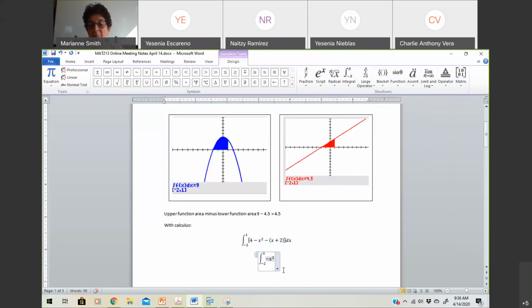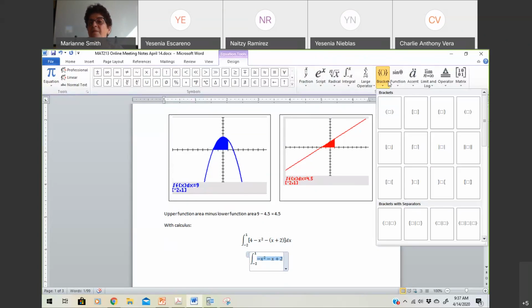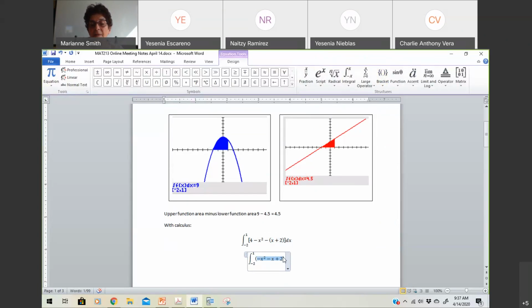This x will be negative, and then this will be a -2 from before, so this will be +2. And again, the whole thing in here, we'll put around parentheses and put a dx out here.